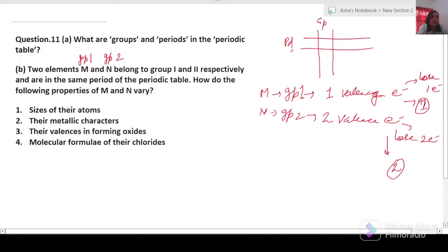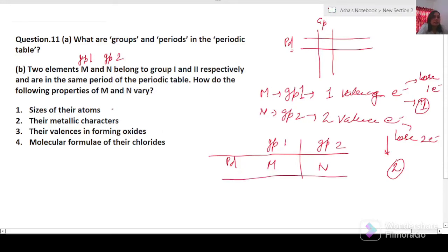Respectively, and they are in the same period of the periodic table. That is, this is group 1, this is group 2, and they belong to the same period. Now, first part is, what about the size of their atoms?